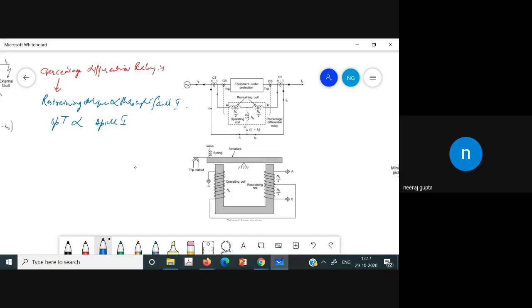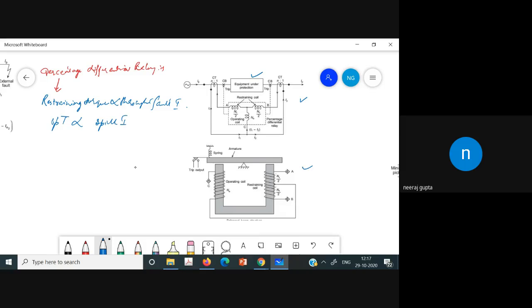In this case, we have the equipment under protection, we have the CT, and then we have the second CT. And these are actually the restraining coils. So this is the conceptual diagram, and this is how it can be implemented by the beam structure.